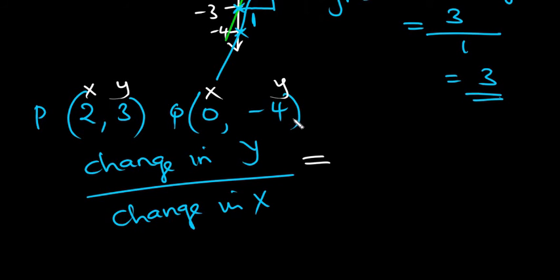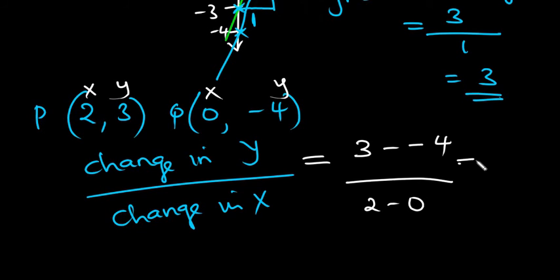So how many units is that, from 3 to -4? We need to subtract, 3 minus -4. Then we divide it by the change in x. We are moving from x is 2 to x is 0. So 2 minus 0 is 2. In short, we are moving 2 units.